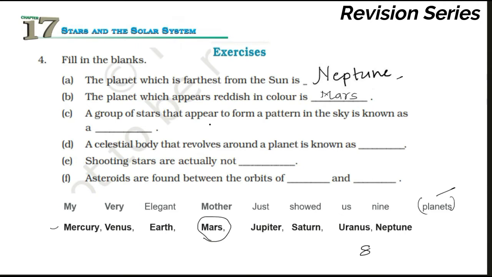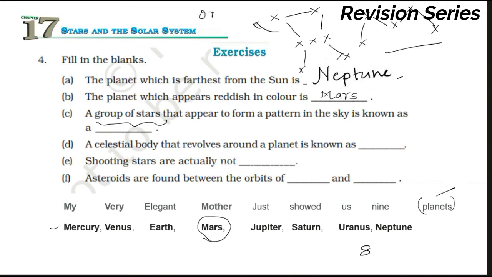A group of stars that appears to form a pattern in the sky is known as, look at this, a group of stars. A group of these many stars appears to form a character like M, which is called Cassiopeia, and in the same way a group of stars which appears like someone standing with a bow is called the Hunter, and that is the Orion constellation.